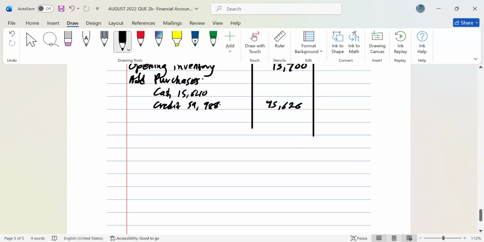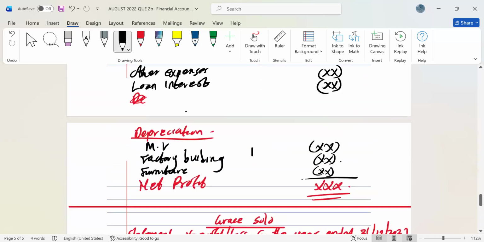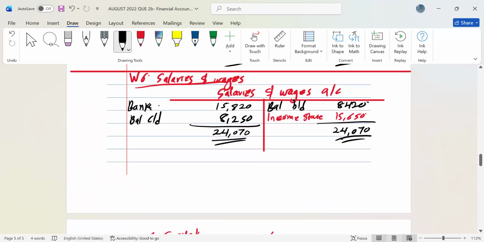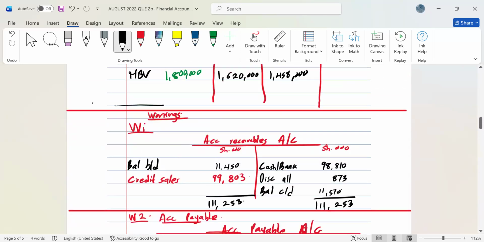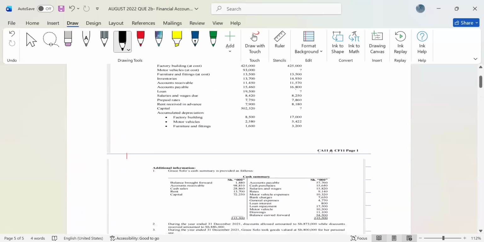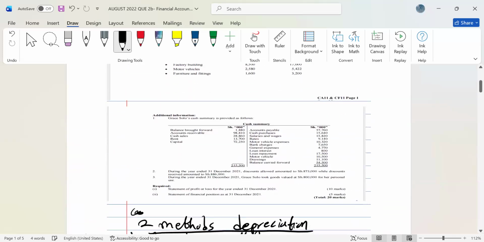Then we less drawings. Drawings ilikuwa ngapi? Go to note number 1. Second last item kwa credit side ya hiyo summary. Hapo tumepatwa 11,100. But now, look at note number 3.